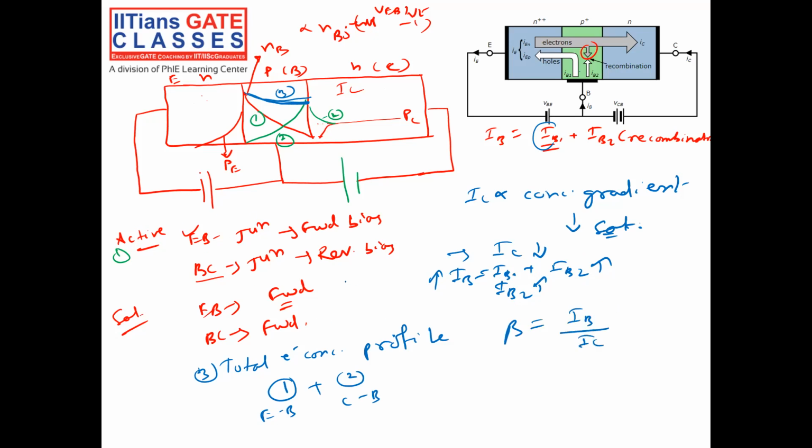In active region, IC is exactly equal to beta into IB. Beta is the common emitter current gain. So in active region, IC is exactly equal to beta into IB. But in saturation, my IC is decreasing and IB is increasing. So what will happen to beta?